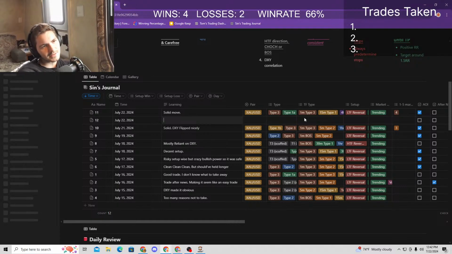I think it was honestly a clean setup, so I'm not worried about the setup. Yeah, I think I just learned to see if DXY is correlated.